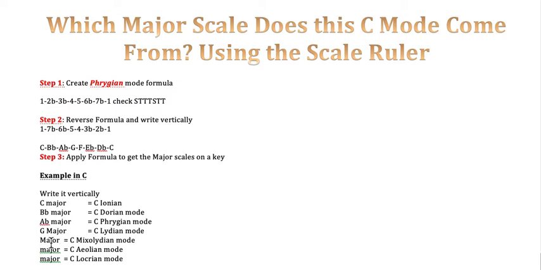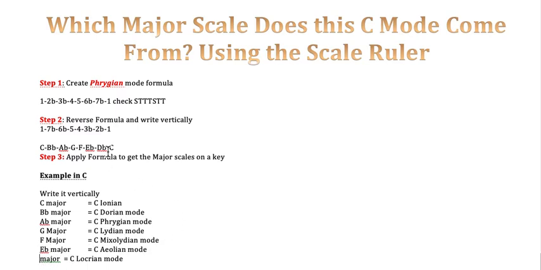And F major scale, same as the C Mixolydian mode. And come to this one here, E flat. E flat major scale is the same as the C Aeolian or C natural minor.